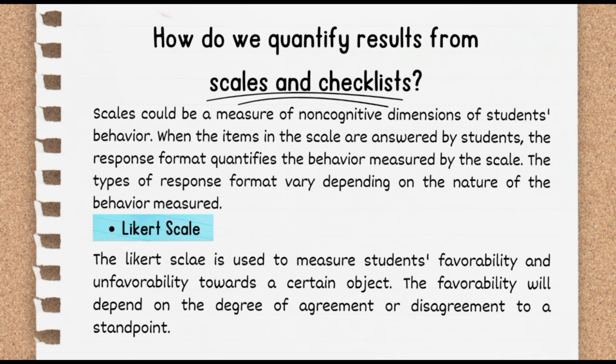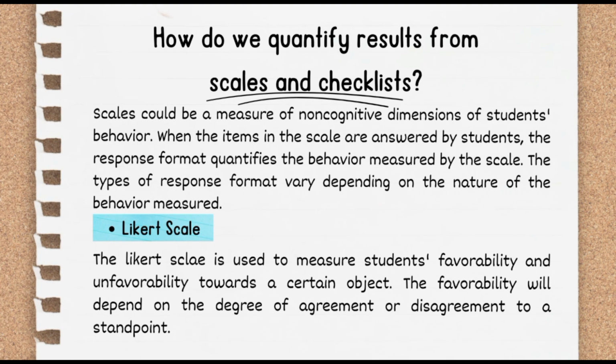And now we have here the Likert scale. The Likert scale is used to measure students' favorability and unfavorability toward a certain object. The favorability will depend on the degree of agreement or disagreement to a standpoint. So in this scale, at the end of the scale, we can see the favorability or unfavorability of the students depending on their responses.